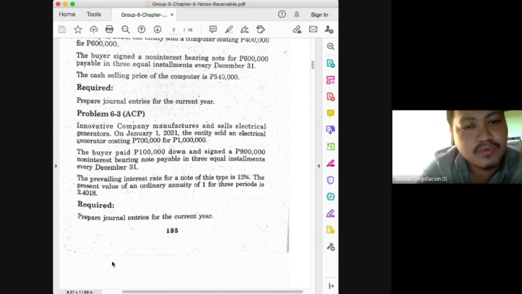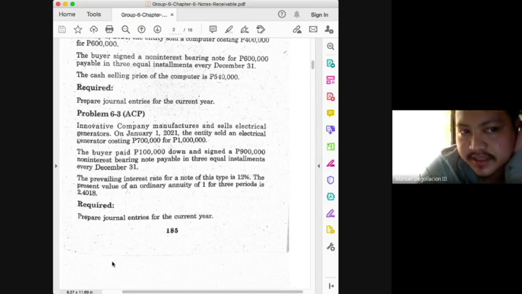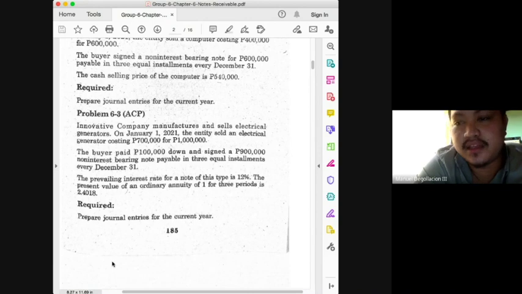So in our books, class, the 179,460 will be recognized first as an unearned interest income. In the presentation of the financial statements, the unearned interest income account will be presented as a liability, class. But in the end, this would actually be charged against the notes receivable account.